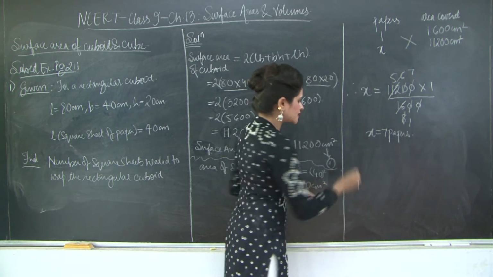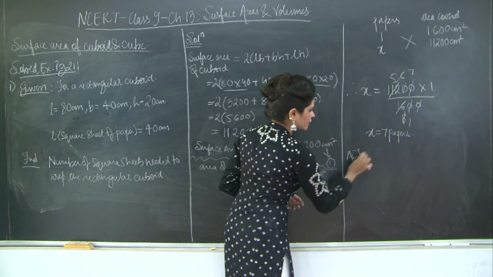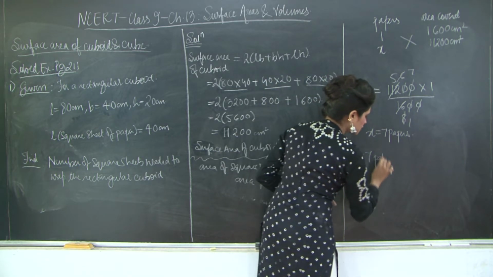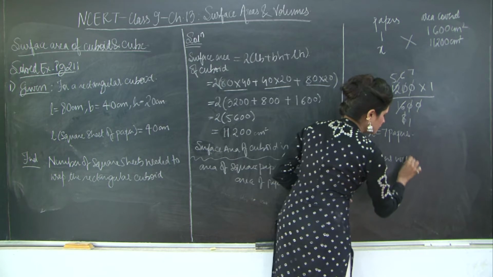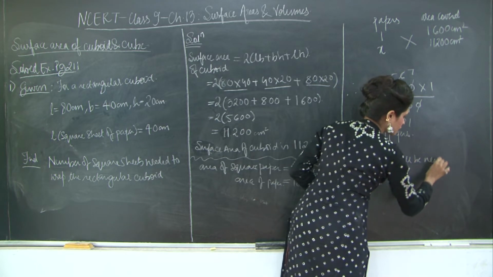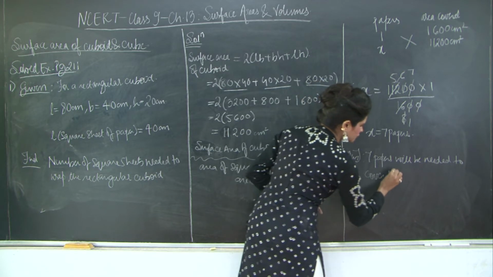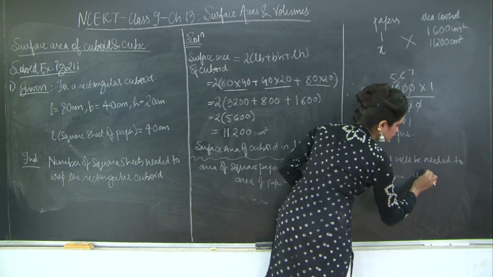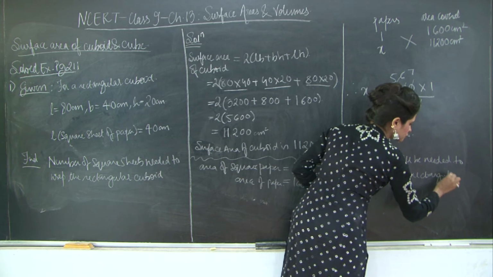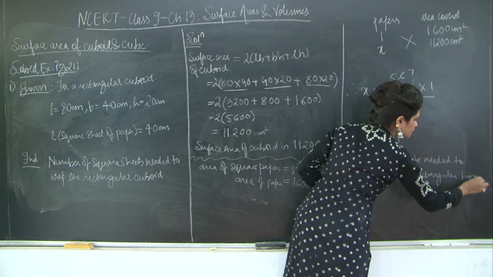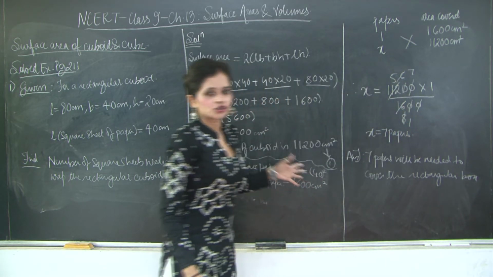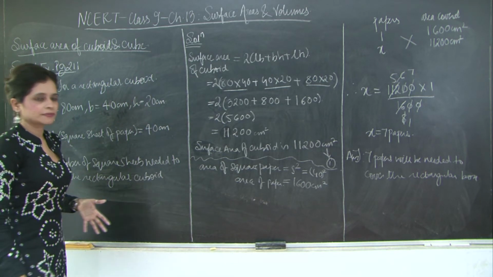So finally you will say your answer, 7 papers will be needed to cover the rectangular box. So this is the solution. Please take a look at it.